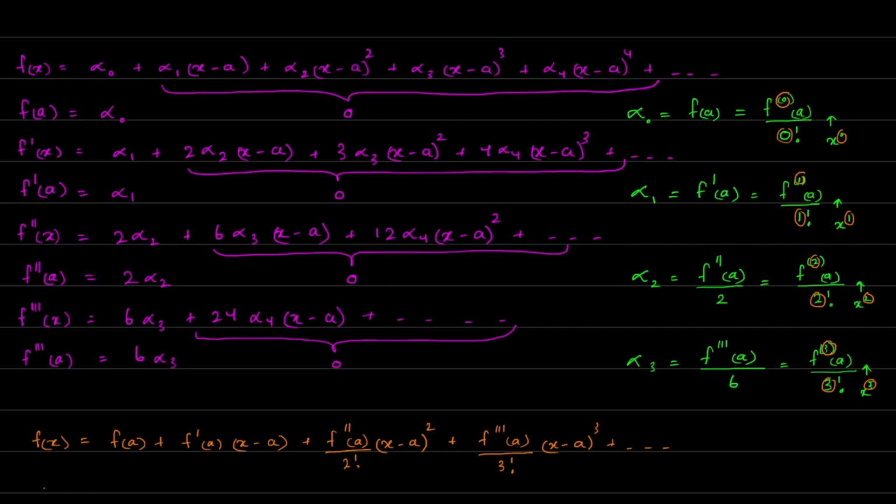And this is what we call the Taylor series expansion, or rather the Taylor series. And what's important to note is that the Maclaurin series is simply a case where a is equal to 0. So this special case is what we call the Maclaurin series.